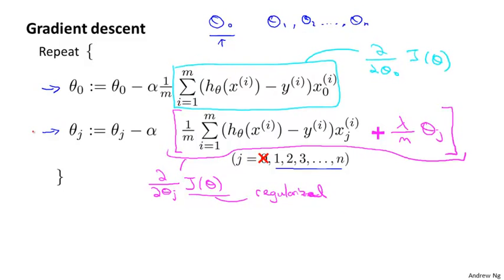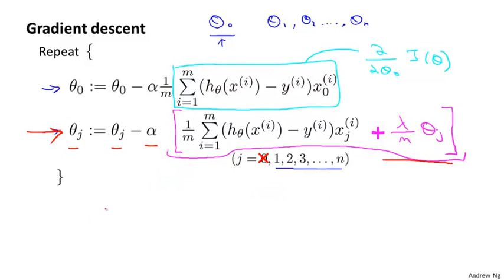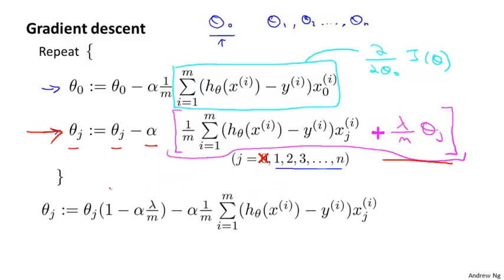If you look at the update for theta j, it's possible to show something pretty interesting. Concretely, theta j gets updated as theta j minus alpha times, and then you have this other term here that depends on theta j. If you group all the terms together that depend on theta j, you can show that this update can be written equivalently as follows.